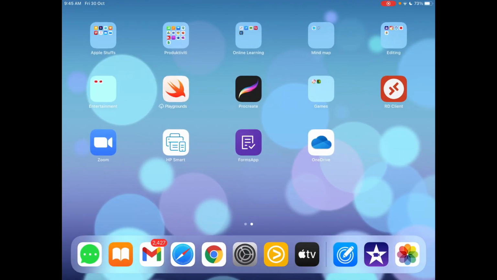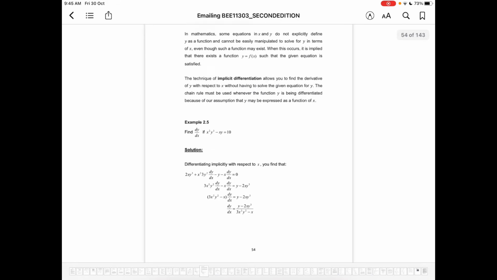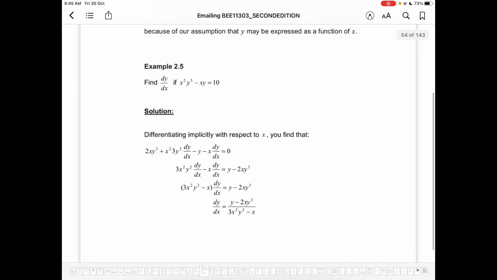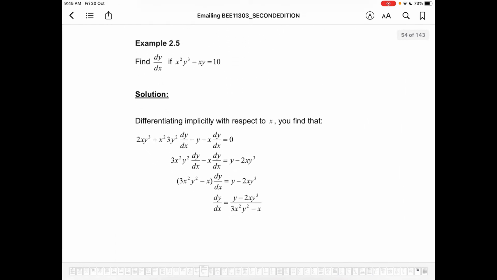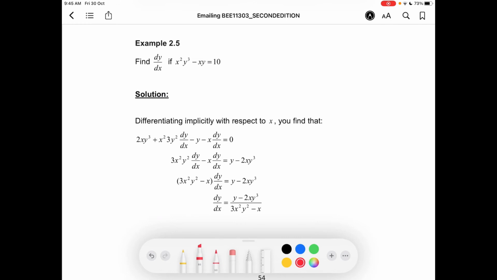So if we go to our module here, we have a bit more complicated example. But it is interesting to do this example so that you can understand more about implicit differentiation. You need to find dy over dx if x squared y cubed minus xy equals 10.